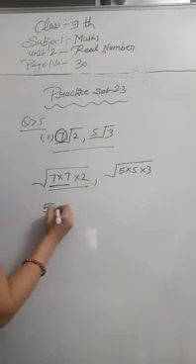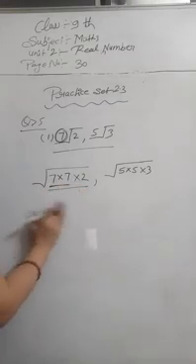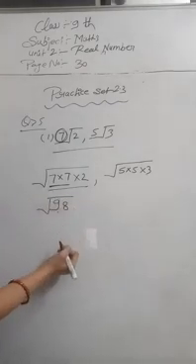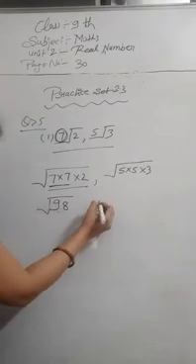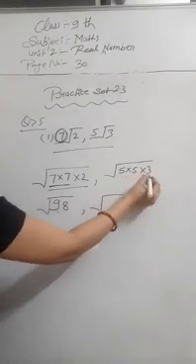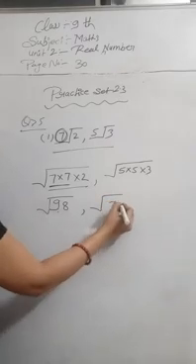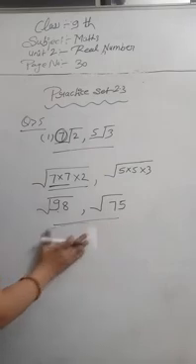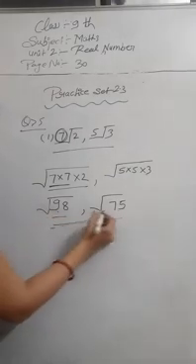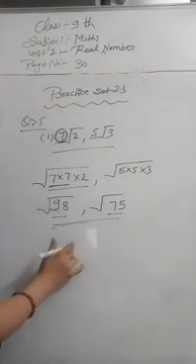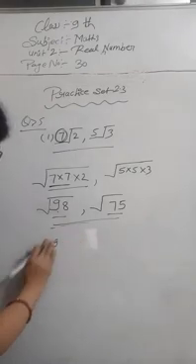So we got root 98, and 5 multiply 5 multiply 3, we got root 75. Now we have to compare these numbers. So 98 and 75, which one is greater and which one is less?